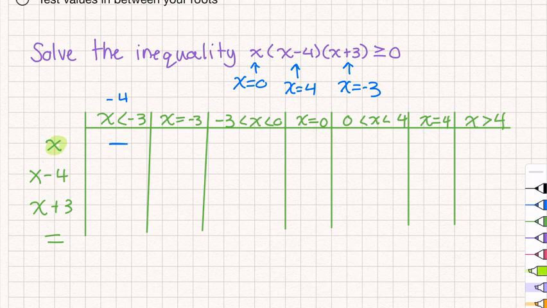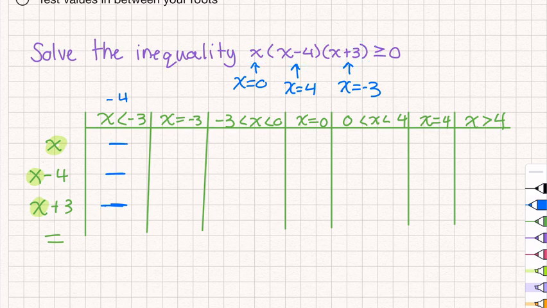If I sub in negative 4 for x minus 4, what would I get? I would get negative 8, which is a negative number. And if I sub in negative 4 for x plus 3, what do I get? I still get a negative number. So as we can see, these are being multiplied by each other.